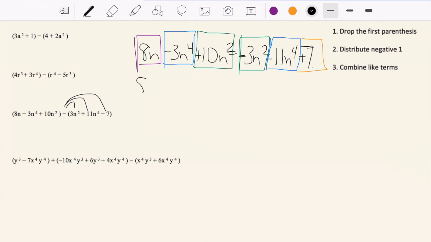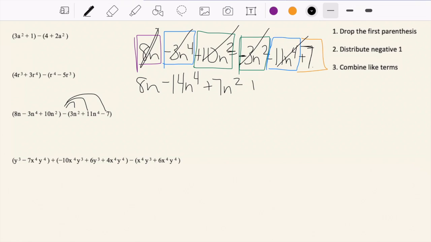So we have 8n, and then -3n to the 4th and -11n to the 4th becomes -14n to the 4th. Then we have +10n squared, and -3n squared becomes +7n squared.